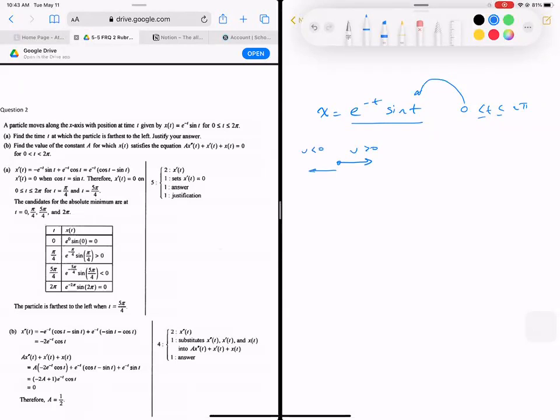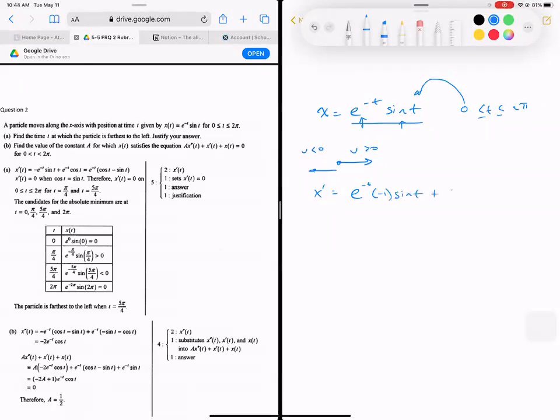We take the derivative. So the derivative x prime is equal to, now careful here, that's going to be chain rule. No, sorry, product rule. So we're going to have to do product rule here, right? The derivative of the front is e to the negative t, and the derivative, chain rule, of negative t is going to be negative 1. And then leave the back alone, sine t.